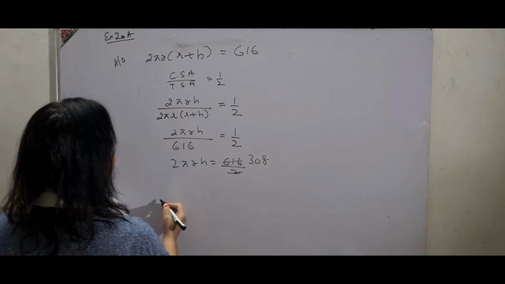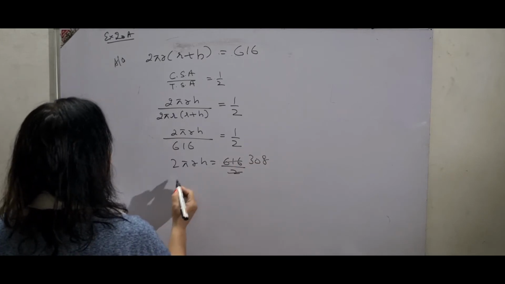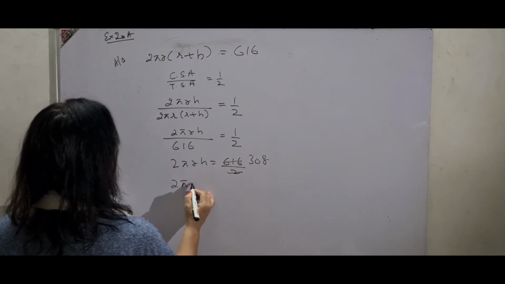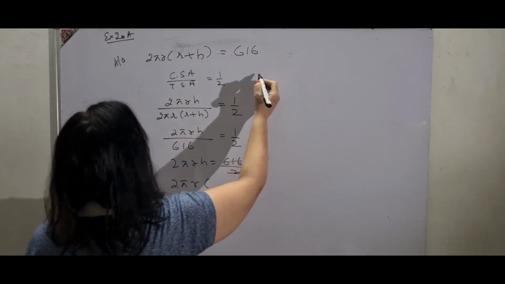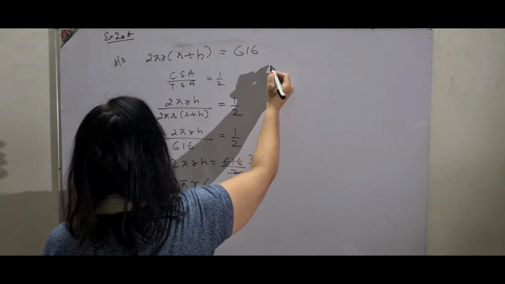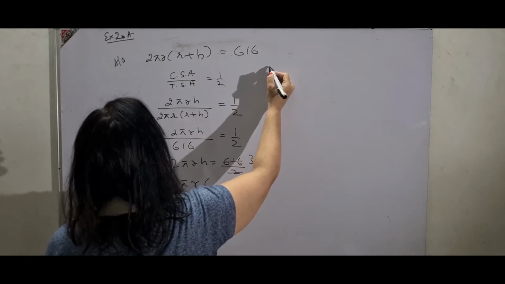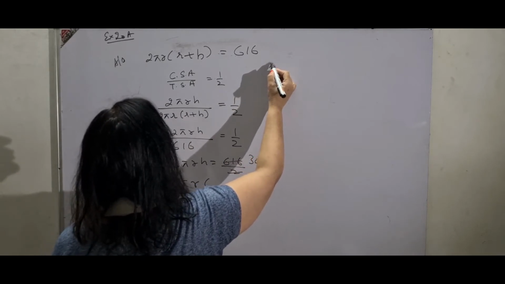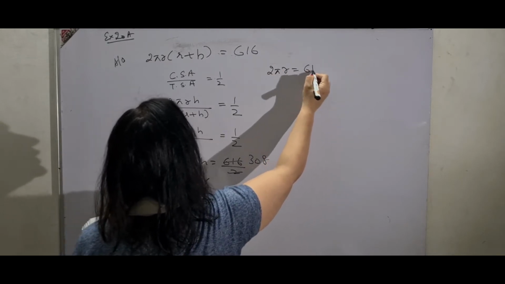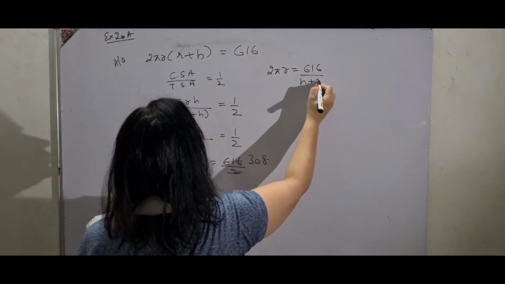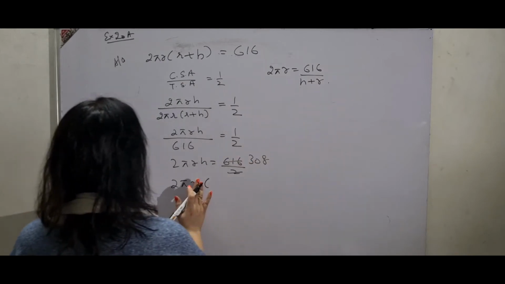308, or 2 pi r, or you write here 2 pi r. From here you find 2 pi r is equal to 616 upon (h plus r), and put the values.